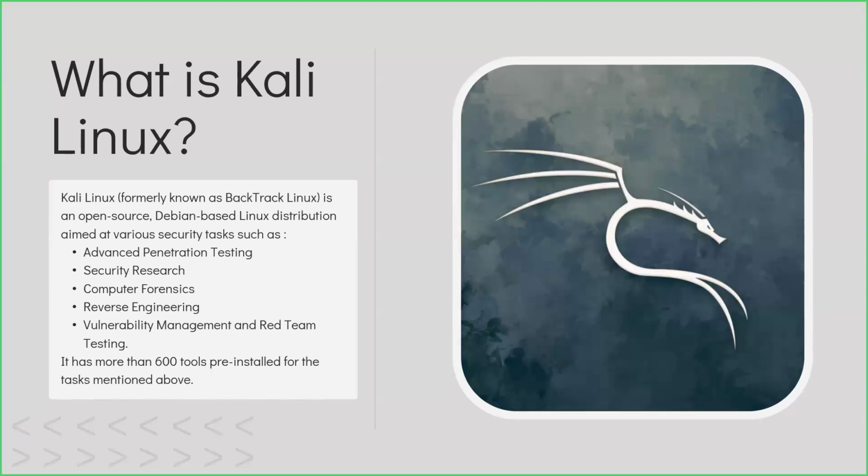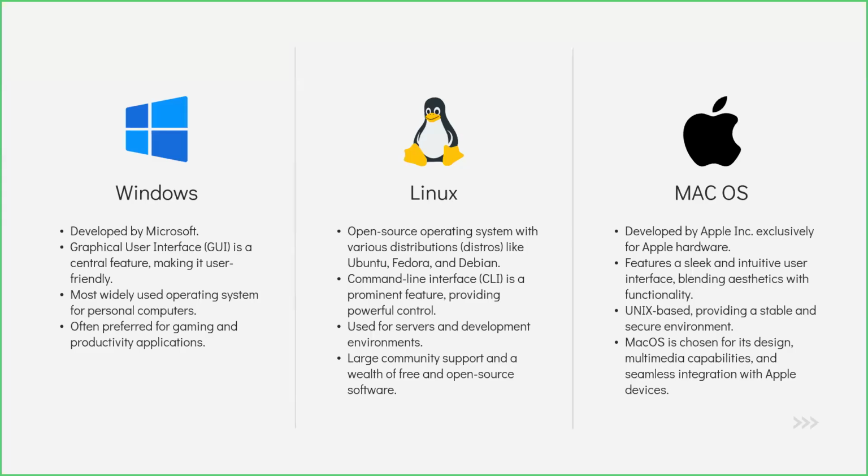But when you talk about the broader aspect of Linux operating systems, they're quite different from your Windows and Mac. Windows, we all know, was developed by Microsoft, initially founded by Bill Gates. A very user-friendly operating system because it has this GUI feature, graphical user interface. All the operations can be performed with your mouse.